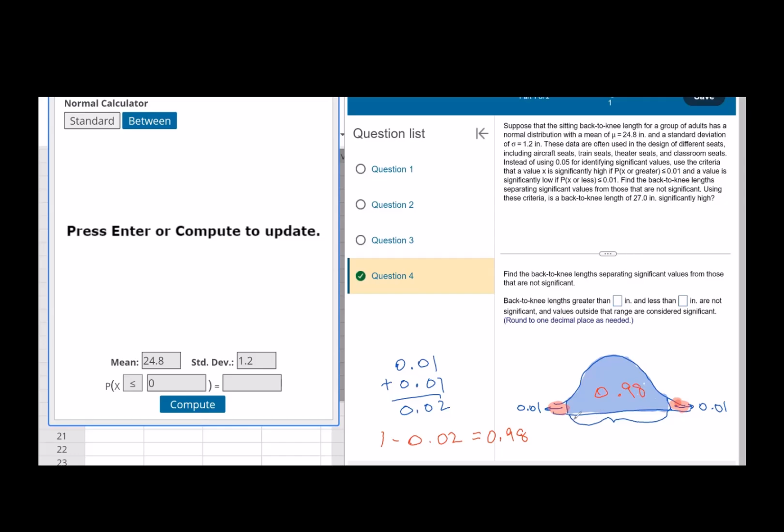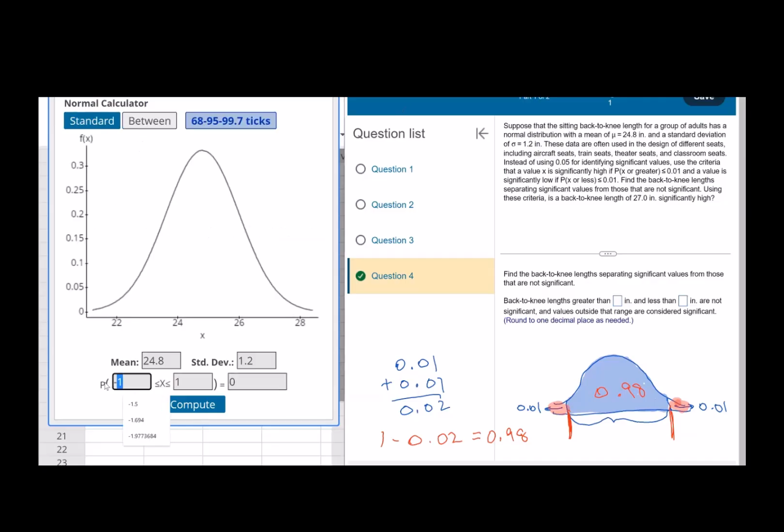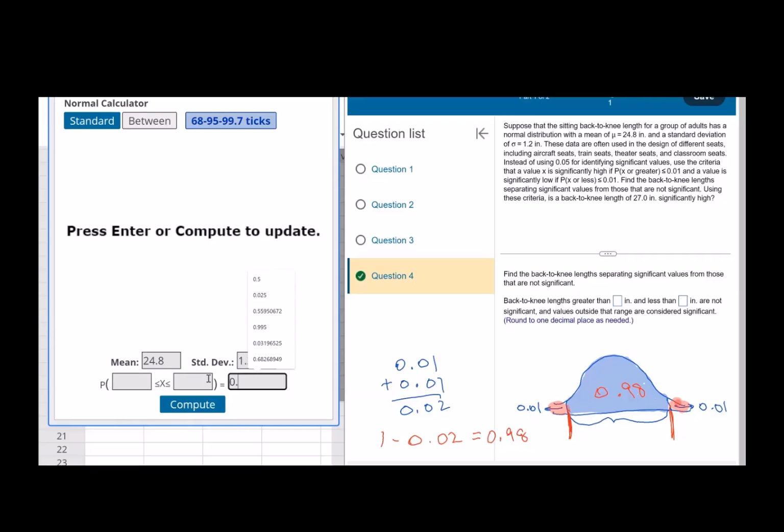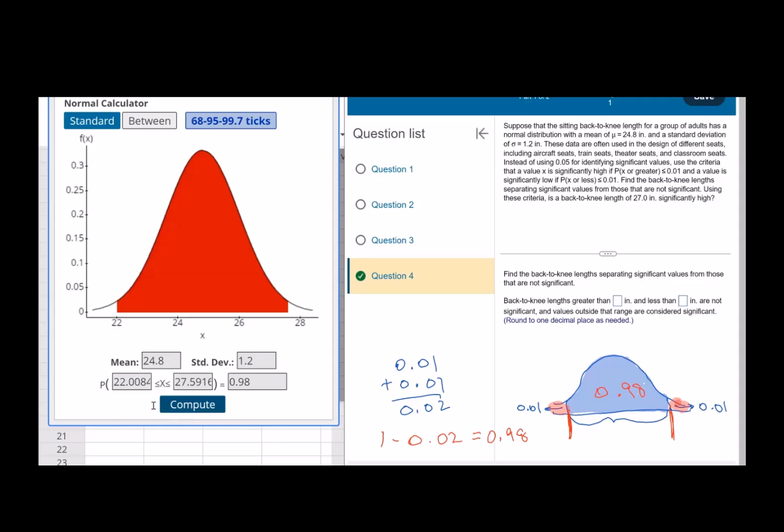I want this area, and I want to know what numbers bound that area. I can use between, and here it's going to be between. I know the probability. I don't know what the numbers are. So I'm going to put 0.98. Since it's symmetric, it's going to always take the 0.01 off of each side.